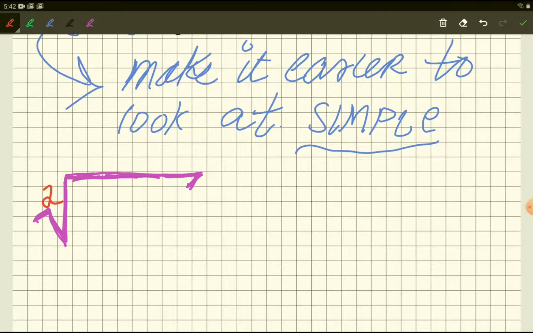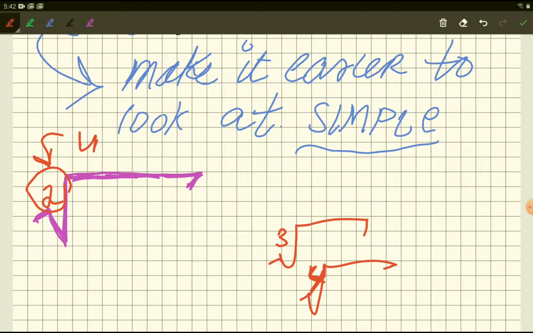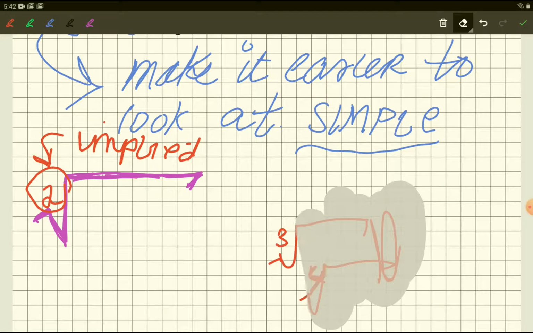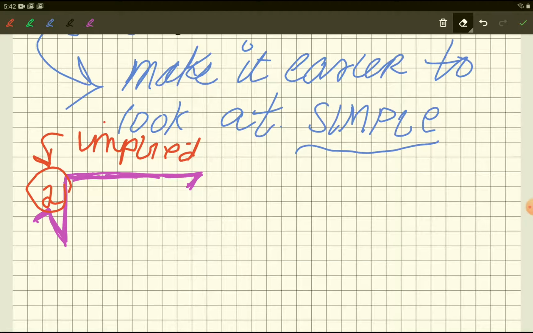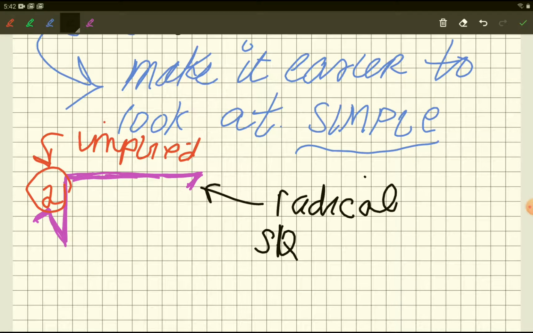You never really see it. You never really see any number there unless it's a cube root or a fourth root or whatever. But if it's 2, the 2 is implied. Not really super critical for our lesson today, but it's good to know. One more time, this symbol is called the radical, aka square root.